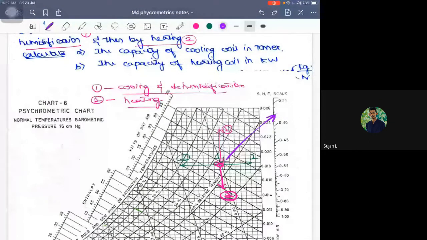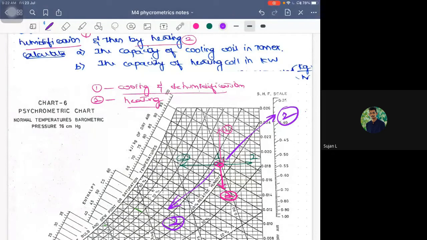Now, some process is going in this quadrant to state 2. What is that process? Humidification and sensible heating. Very good. Some process is going like this to state 2. What is this process called?